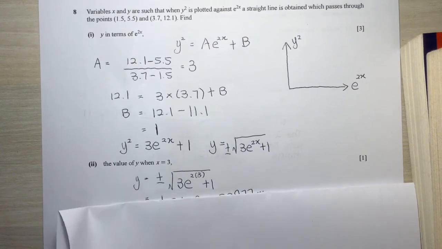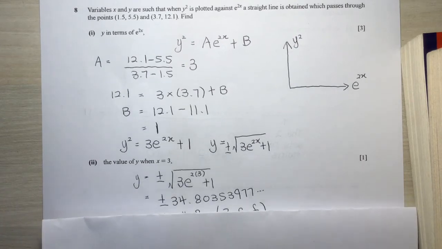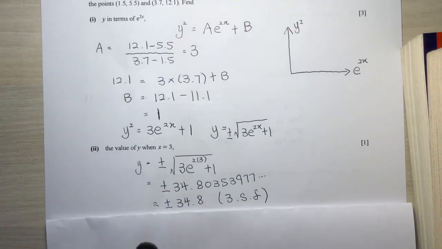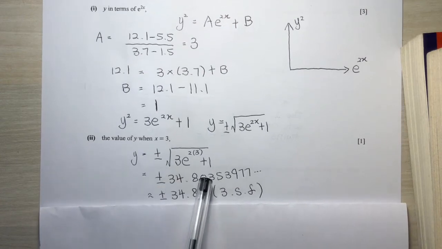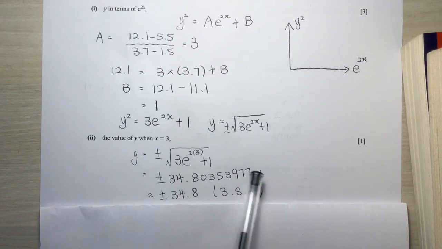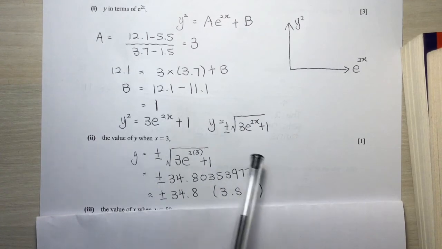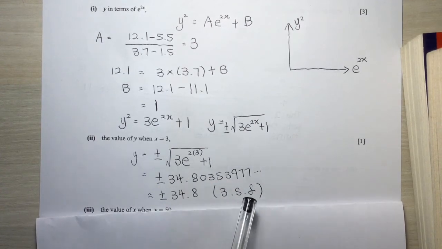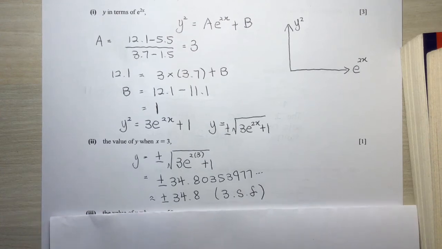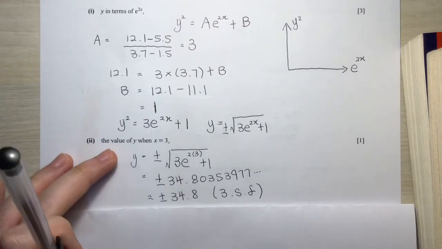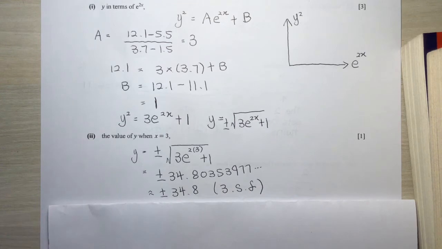Just sub it in, tap your calculator, and you will be able to get this answer. Where the numbers may go on forever, it's best to write the entire thing down before you put it in 3 significant figures, so it's easier for you to check back your answer after you have finished your paper.